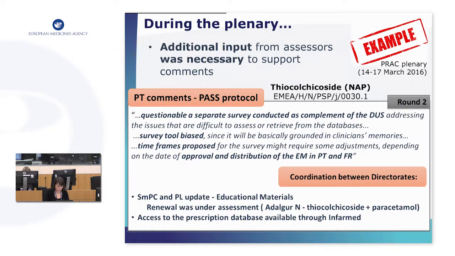Since it was necessary to update the product information, we could not distribute educational materials before that information had been updated. And we also had to coordinate with other departments about access to a prescription database that existed, however the MAH did not say that. So it's very important to be prepared, because your input might be necessary during that week.